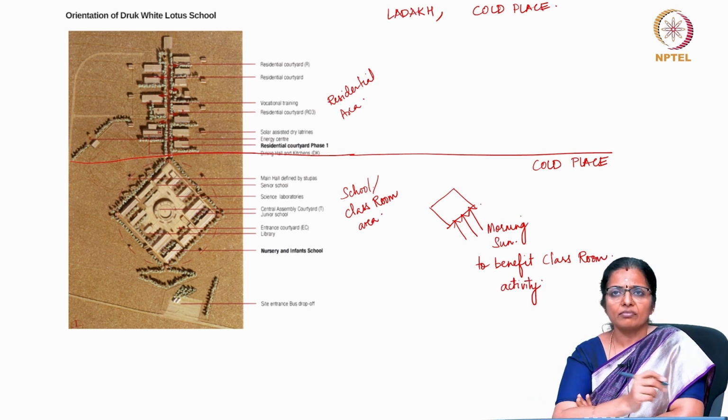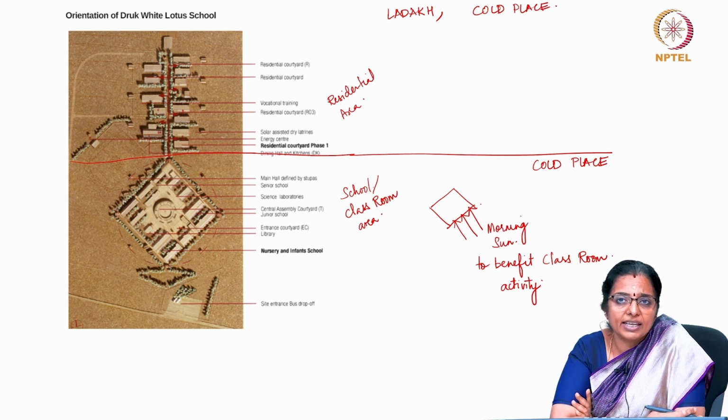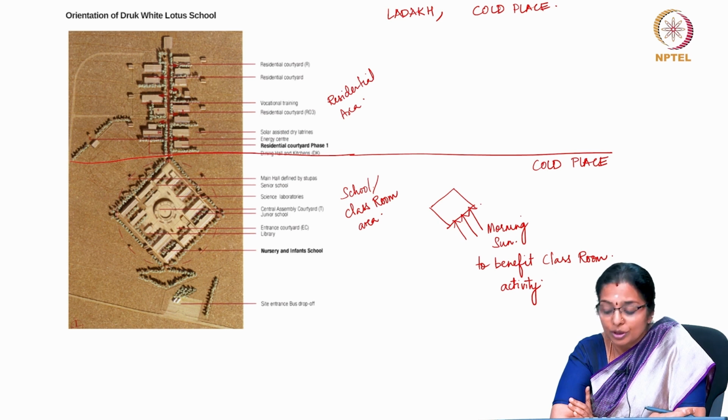Whereas, in the residential area, the buildings face south so that they maximize on solar benefit through the day and store heat for evening and night time use. Whereas for teaching, it is turned at 30 degrees from the south towards the east.